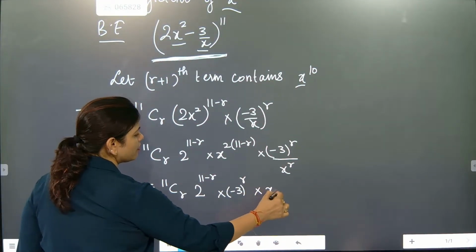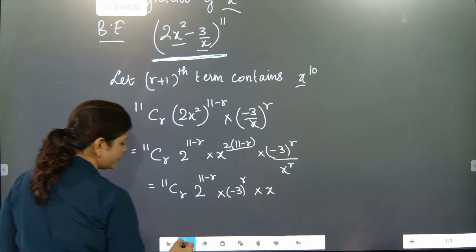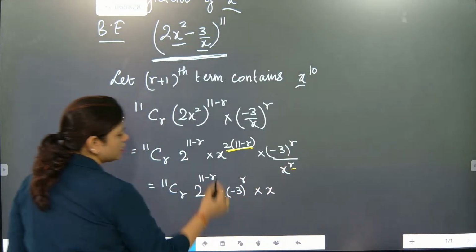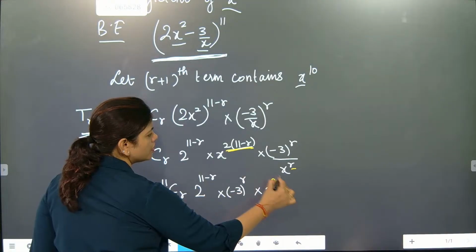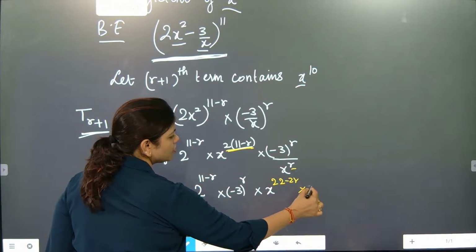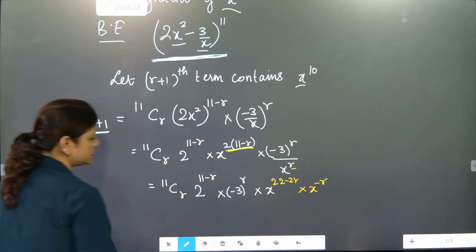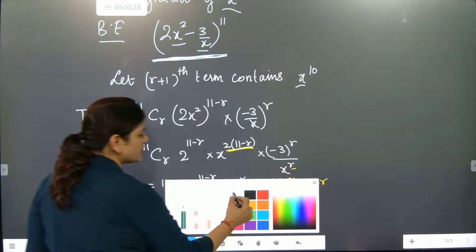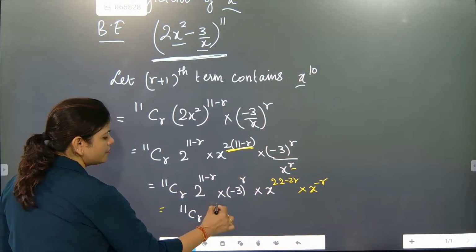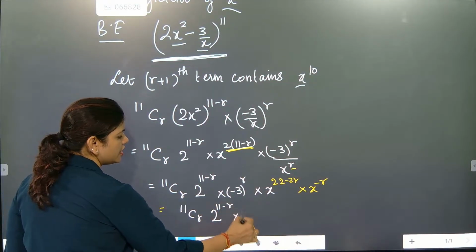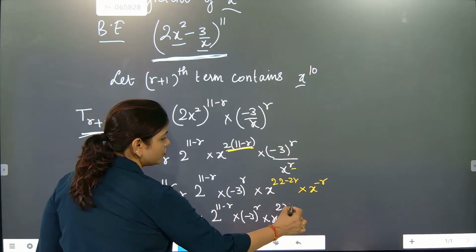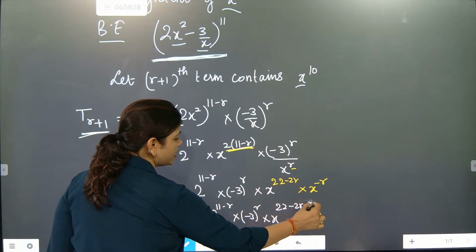Now x to the power, check this one, what it will become. Specifically, your idea should be this one and this one. So here x will become what? 2 times 11, so 22 minus 2r, and this x will go up, it will become x to the power minus r. So overall, check this one out: 11Cr 2 to the power 11 minus r into minus 3 to the power r into x to the power 22 minus 2r minus r.